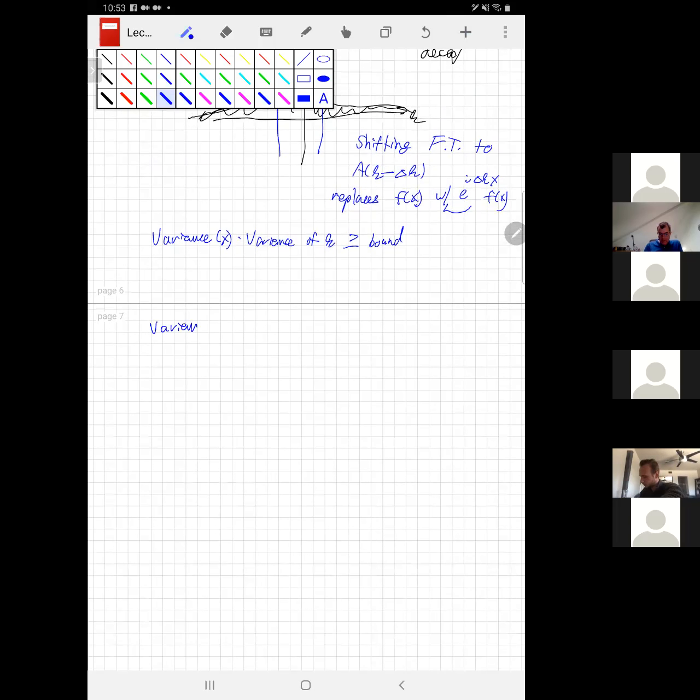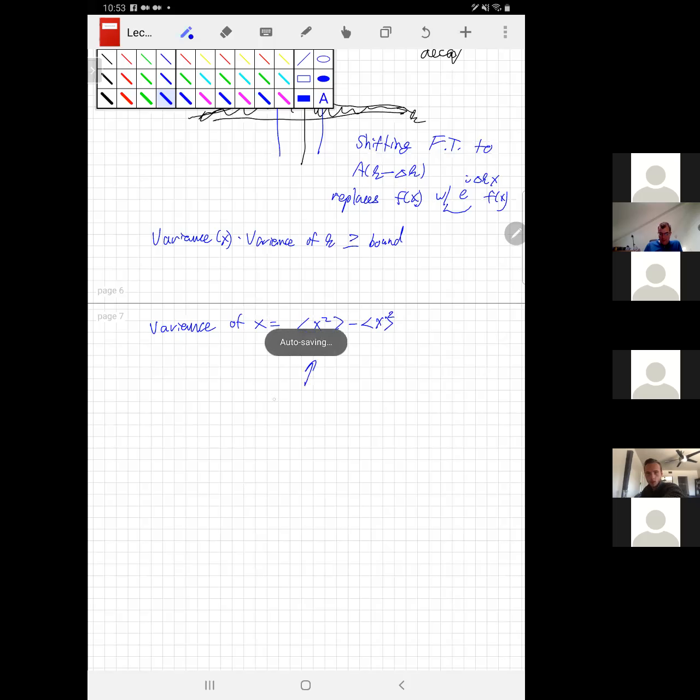And the variance of anything, the variance of x, is equal to the average of x squared minus the square of the average. It's the average of the square minus the square of the average. All right.